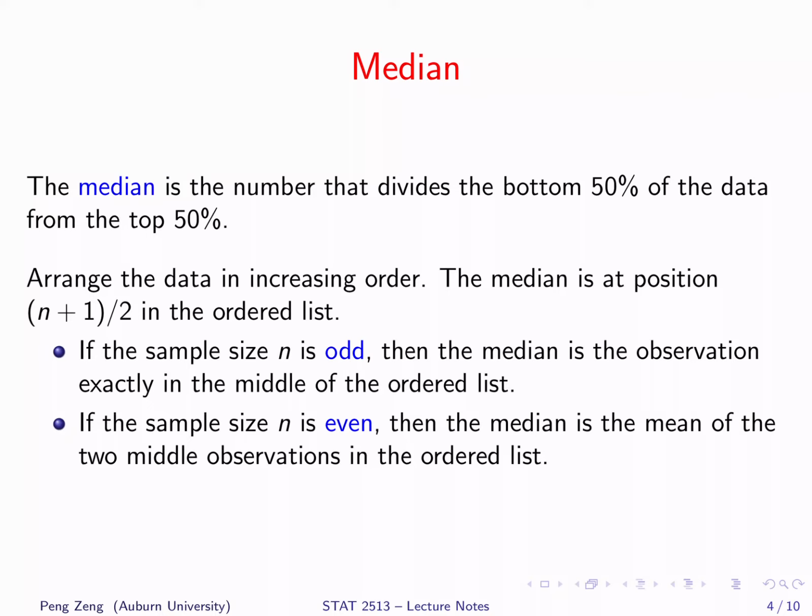The median is at position (n plus 1) over 2 in the ordered list. What does it mean? If the sample size n is an odd number, the median is the observation exactly in the middle of the ordered list. If the sample size n is an even number, then the median is the mean of the two middle observations in the ordered list.